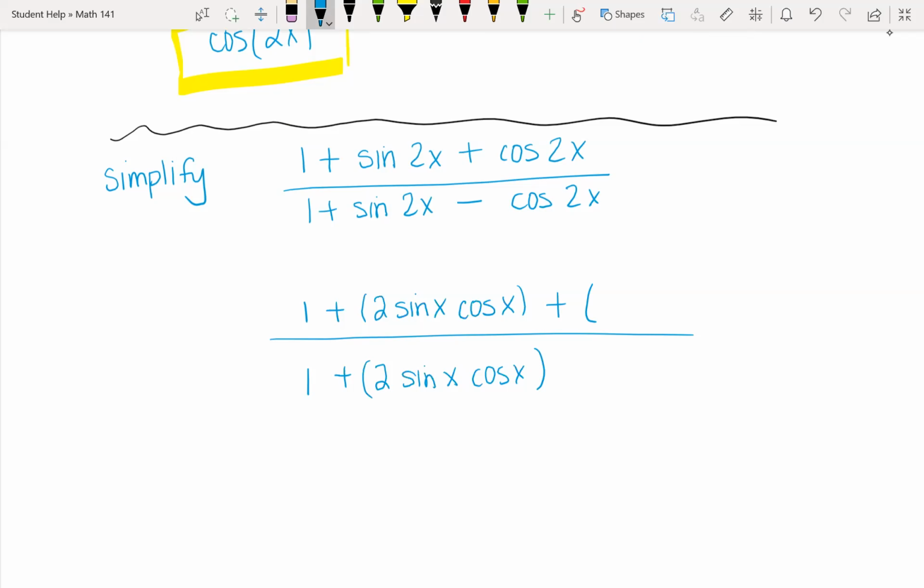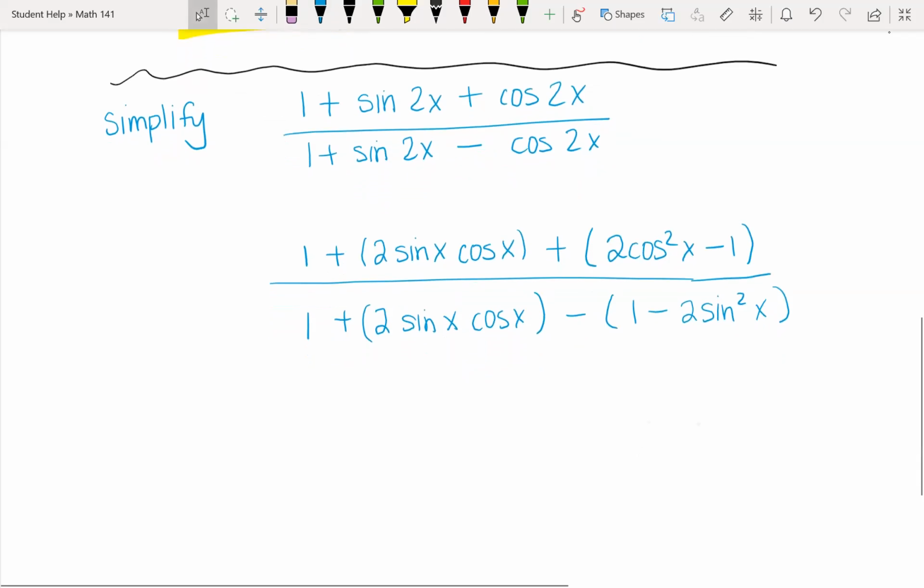We know we have a lot of options for cosine of 2 times an angle. For the one in the numerator, I'm going to use 2 cosine squared x minus 1. That's one of our options. But I'm going to use something different for the denominator: 1 minus 2 sine squared x. These are 2 different versions. We were using a different version earlier. There are 3 different versions for cosine.